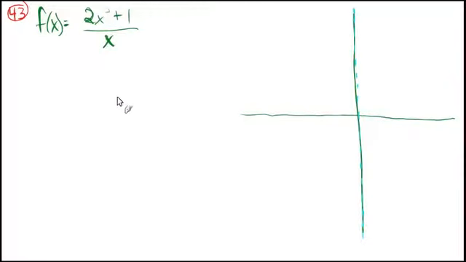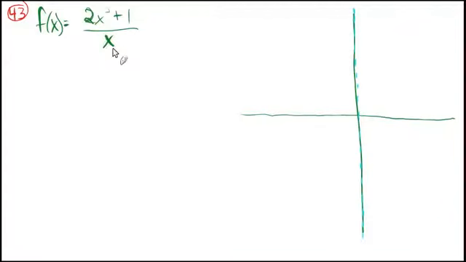Okay, this graph does not have a horizontal asymptote, but it has something called a slant asymptote. So in order to see that, let's write this not this way, but using division.